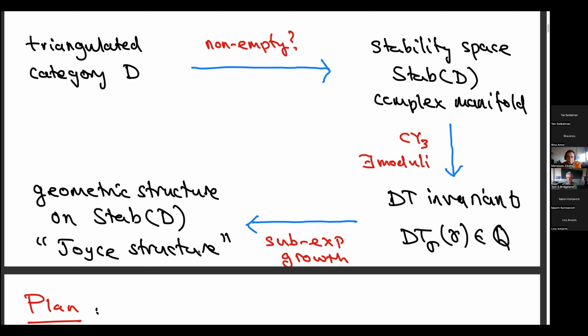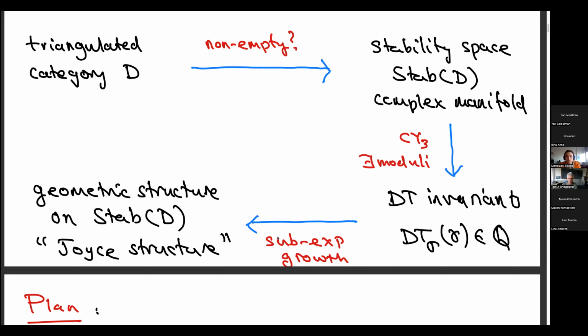Now, I should say that Maxim and Yan, Kontsevich and Soibelman, have an alternative approach, a better approach, which, given a slightly weaker assumption than this, they call analytic stability structure, but not very different to this exponential growth condition.